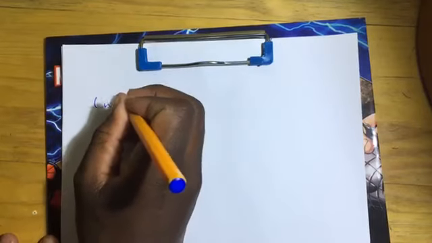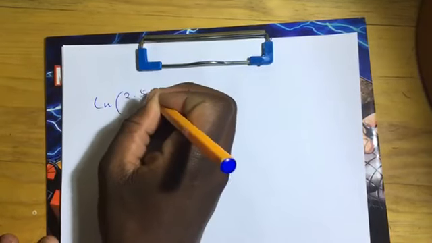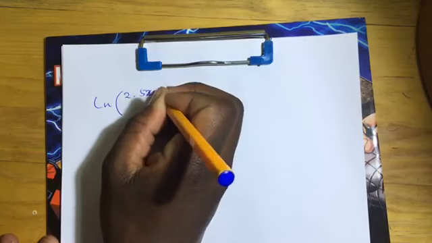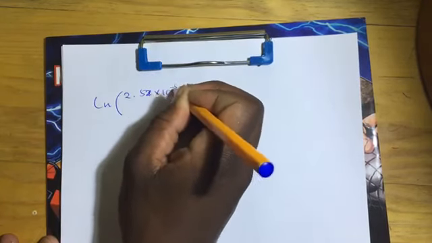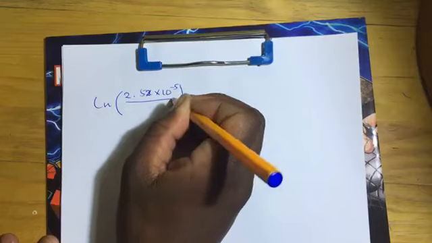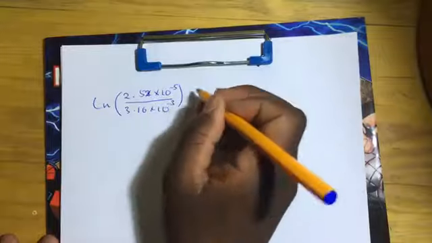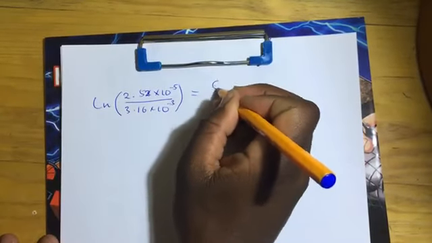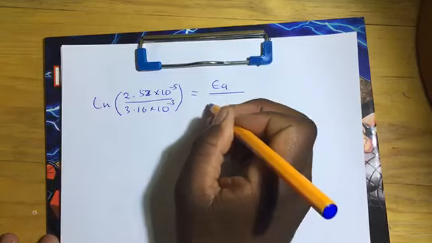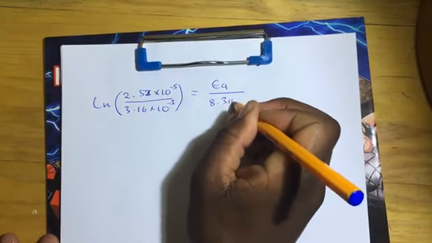So don't be intimidated by these things. So let's go. This is going to give us ln, open brackets, 2.52 times 10 to the power negative 5 divided by 3.16 times 10 to the power negative 3, is equal to EA, we don't know EA, divided by R, 8.314.